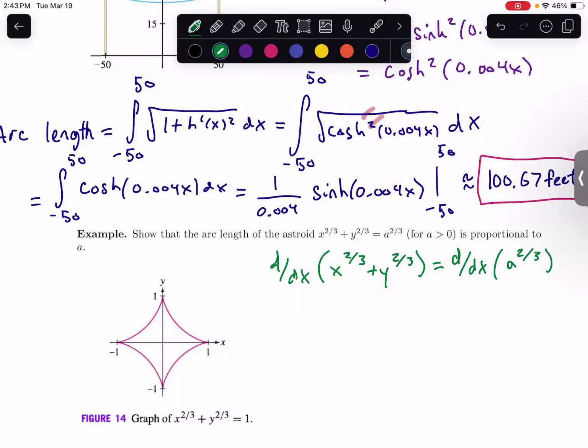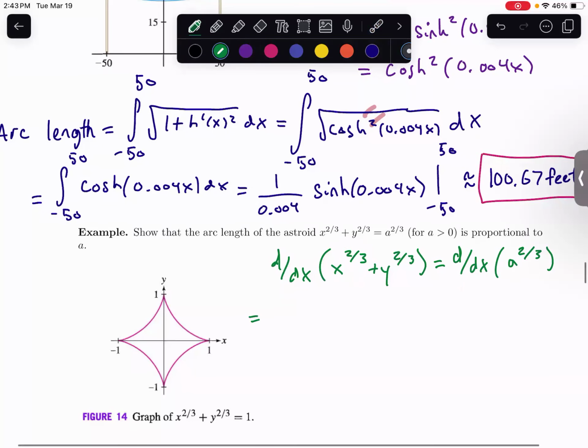And so the right-hand side of this equation is just a constant, so the derivative will end up being equal to 0. But on the left-hand side, we do the normal derivative when we're doing the derivative of x to the 2/3 with respect to x. So this is just going to be the power rule, i.e. we'll have 2 over 3 times x to the minus 1 over 3 power. And then this is going to be plus.